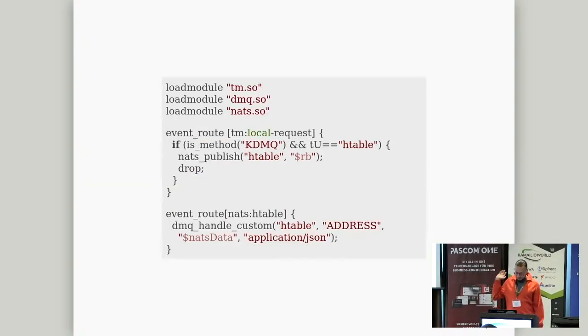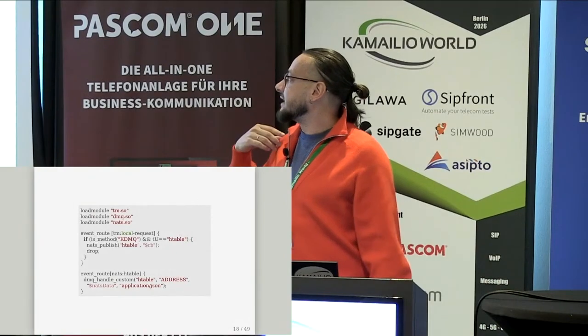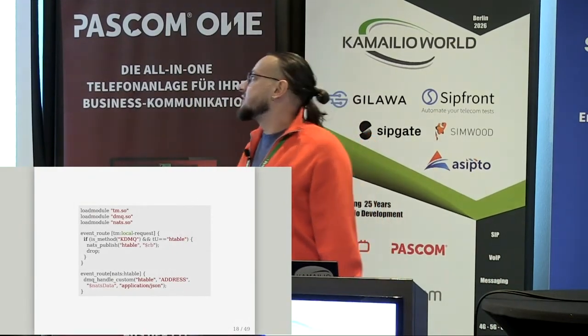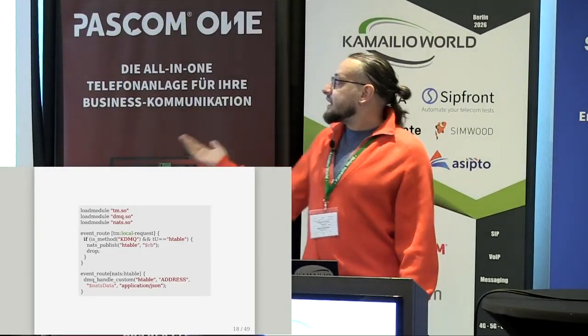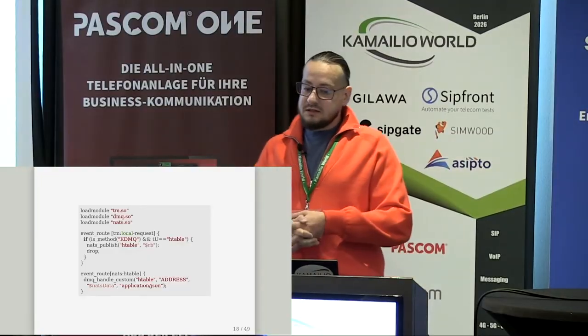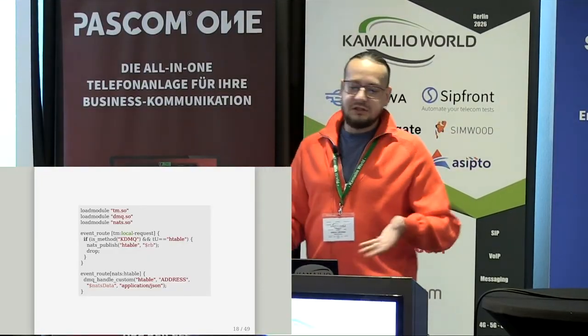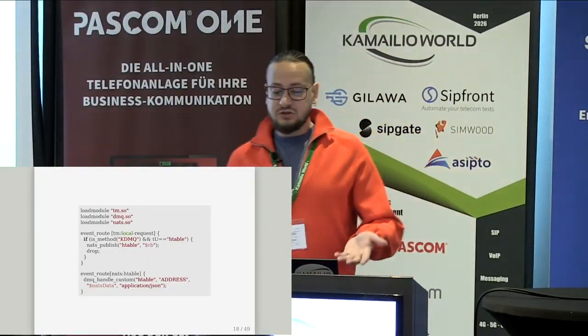This is a small example of how you can use it. You need only 3 modules, and 1 more module whose data you will replicate. My example is htable, using the DMQ, transaction and htable modules, and NATS, which is a generally used message queue.